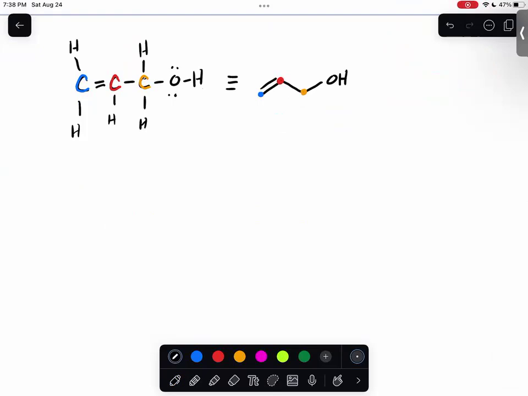So in Lewis structure, this one's really going to be quite easy to see what's going on. But in bond line, some students get confused. So if we look at something like this, essentially if we're drawing this as a bond line structure, we have a carbon that is triple bonded to another carbon, right?